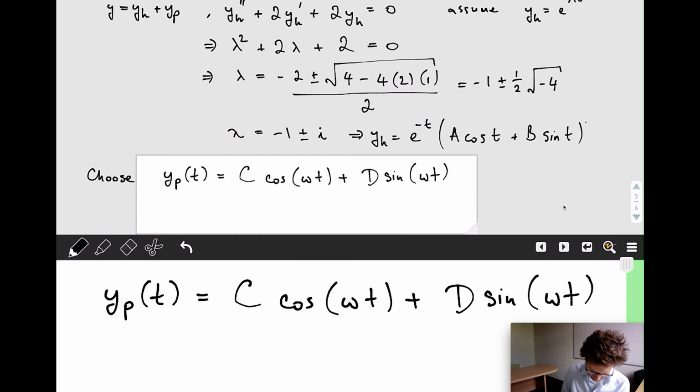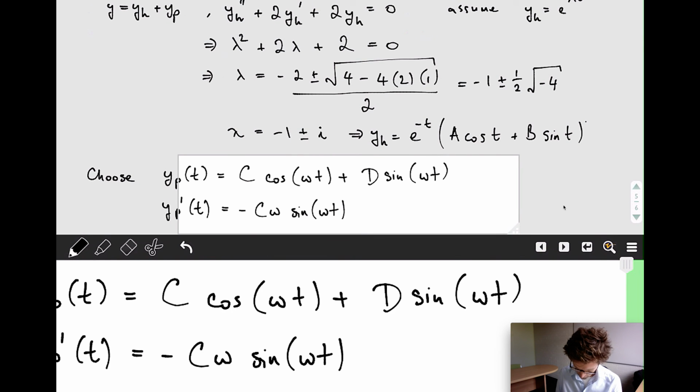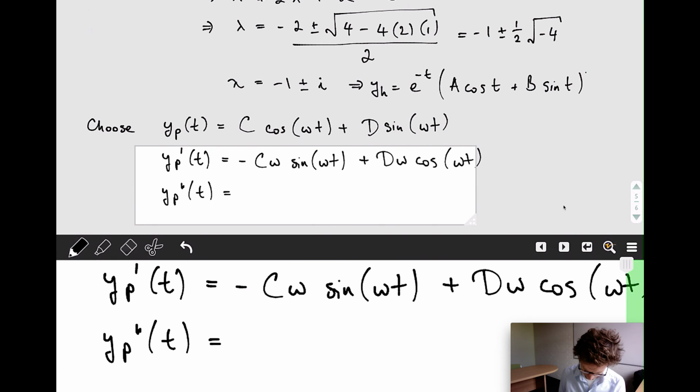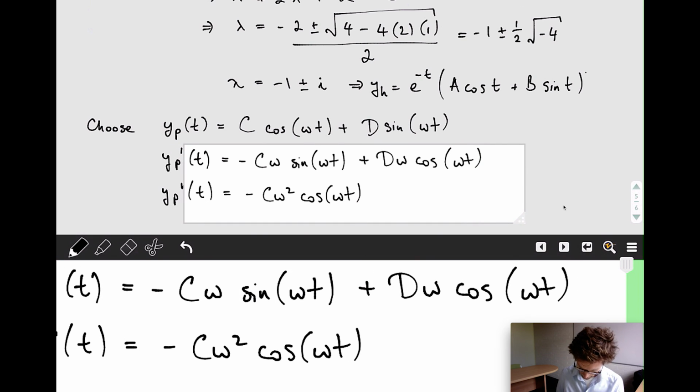So the derivatives of that then are going to be minus c times omega sine omega t plus d times omega cosine omega t. The second derivative will be minus c omega squared cosine omega t minus d omega squared sine omega t.